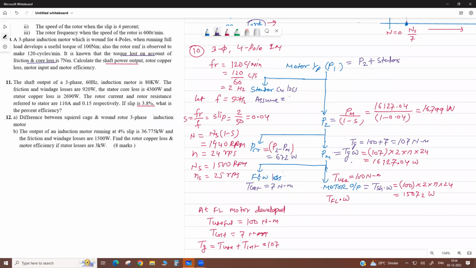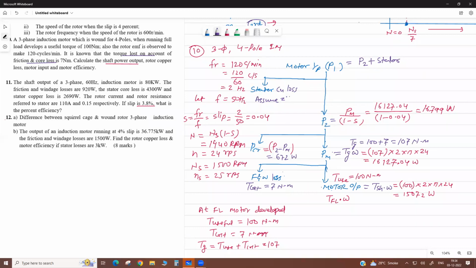Please remember, you have to subtract 16127.04 from 16799, it comes 672, correct?